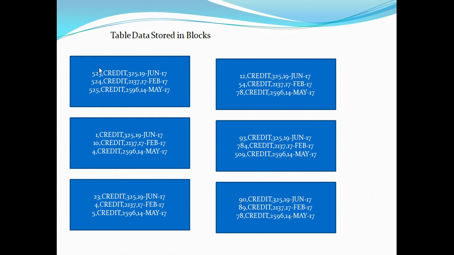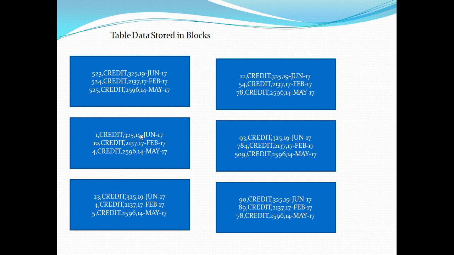The index entries are arranged in a particular manner, but that's not the case with the data on the blocks. They are actually inserted randomly as we receive the data. So if you see, the data is being stored randomly here. We have 12, 54, 78 in one block, 93, 784, 509 transaction IDs in another block, 110.4 in one block.